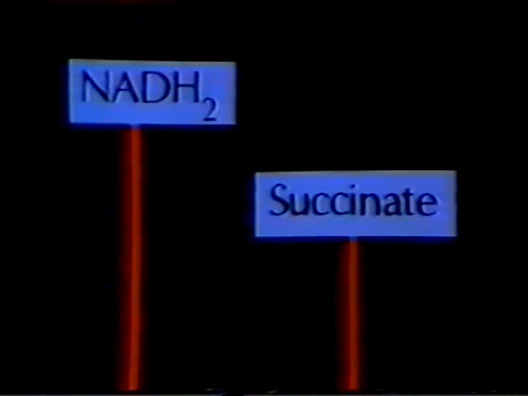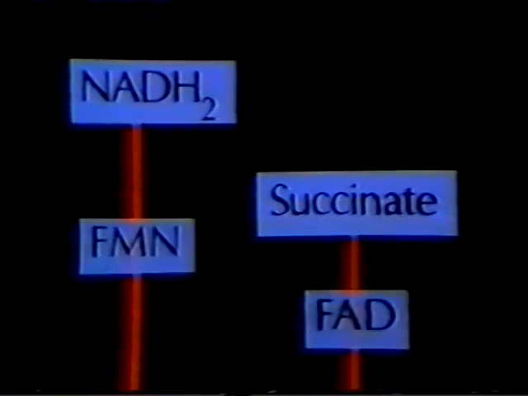Most types of mitochondria will only use 2 substrates as major fuel for the oxidation chain, NADH2 and succinate. The electrons are extracted from these substrates by specific dehydrogenases, which work with flavin coenzymes as prosthetic groups, FMN and FAD.